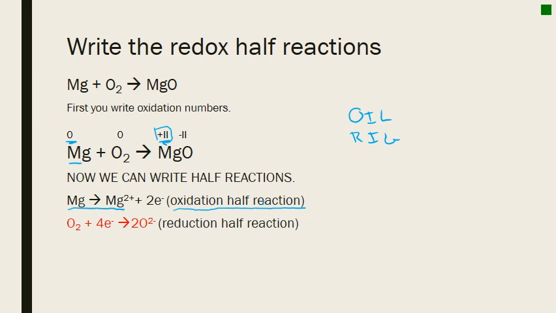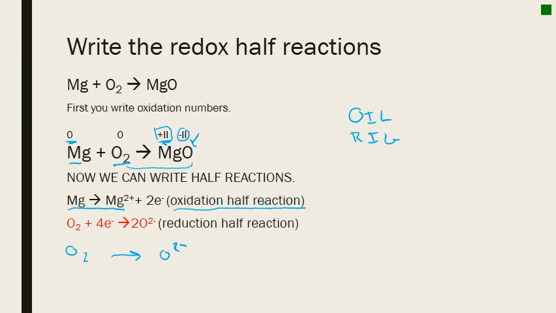Now with O2 it's a bit more difficult. With O2, it went from O2 to O2 minus. Okay, so let me just write for you again here. It went from O2 to O2 minus. We look at the charge, okay? Here we've got oxygen, and it went to, the oxidation number is -2, this is why we write 2 minus here.